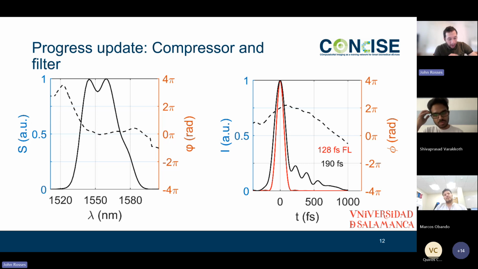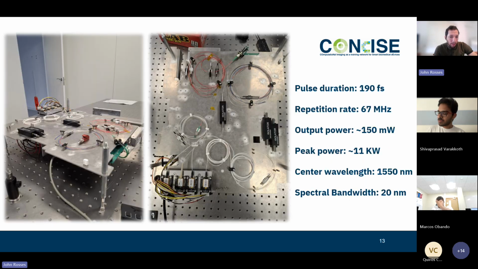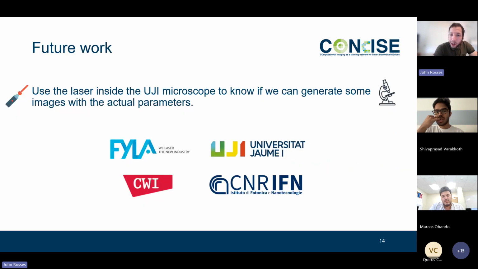At this point, we have all the requirements obtained for microscopy, and we have a summary here of all the parameters we obtain at the end of the laser, and a few pictures of how the prototype looks on our lab bench. Now we just have to prove it, but it's not done yet.